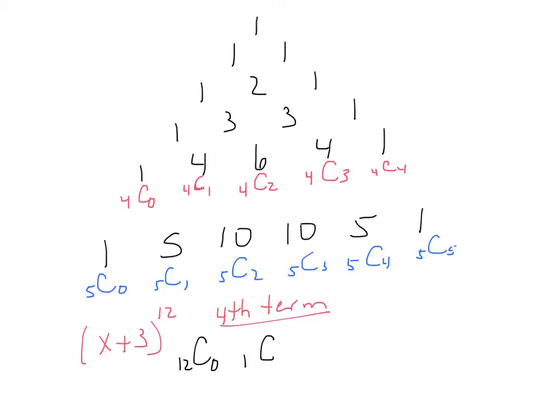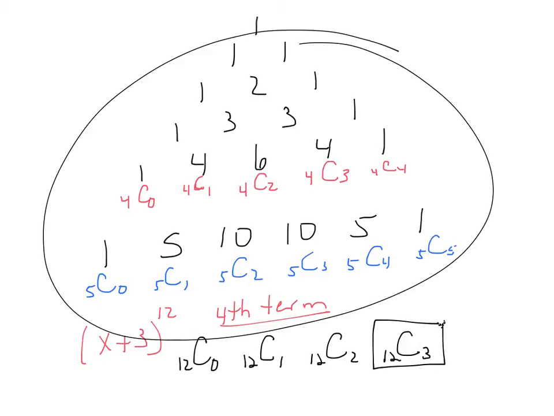The second term would be the combination of 12 things 1 at a time. The next term would be the combination of 12 things 2 at a time. And the 4th term would be the combination of 12 things 3 at a time. I can put that in my calculator and figure out the actual starting coefficient without having to build Pascal's triangle all the way to that 13th row, which is basically what it is.